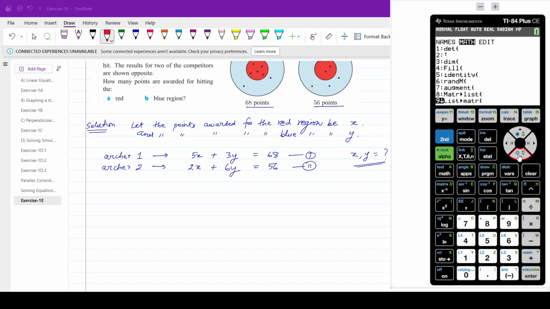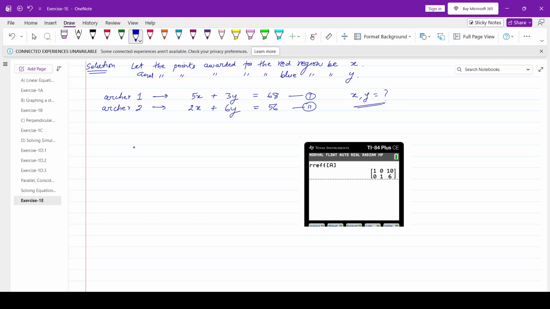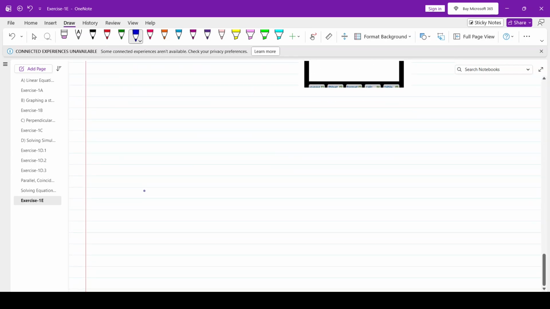Under math, I'll use ref, and then I'll choose matrix A, and we can say that x is equal to 10 points in red region and y is equal to 6 points in blue region. Let's move on to the next question.